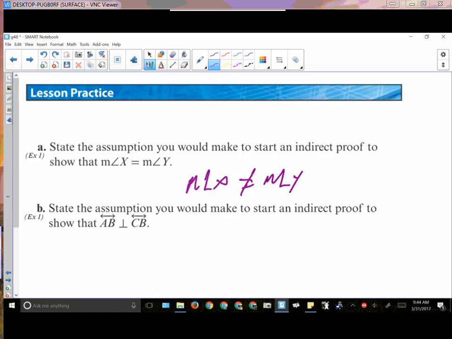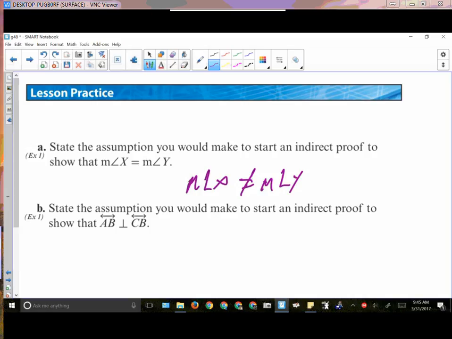Okay. So what about B? What would I have to do there for B? Kevin. Because we're making the assumption that AB is perpendicular to CB, correct? So what would I want to assume then? That it's false.